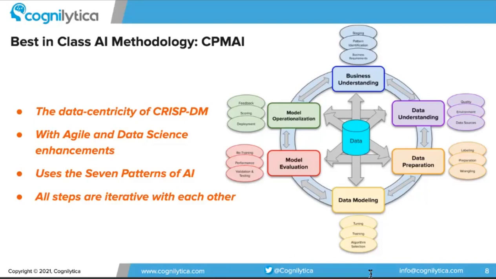And what CPMAI does is it adds the AI specific requirements about model development and model evaluation. And CRISP-DM doesn't really talk about model operationalization. So that's a completely new thing. And the other thing that CPMAI does is it brings in agile methodology, which was not very popular when CRISP-DM first came out.